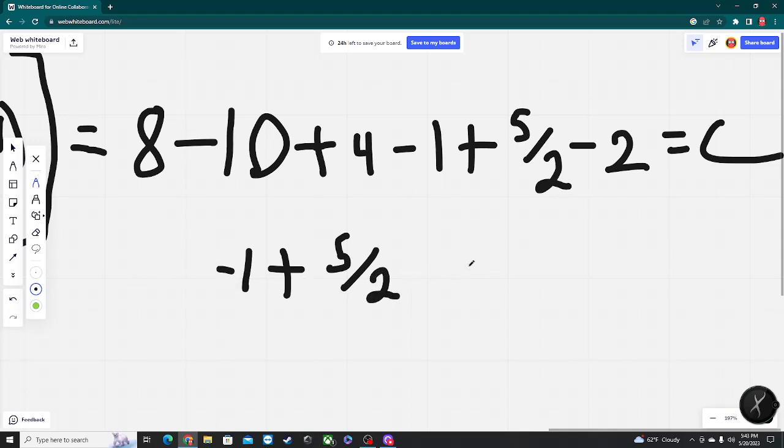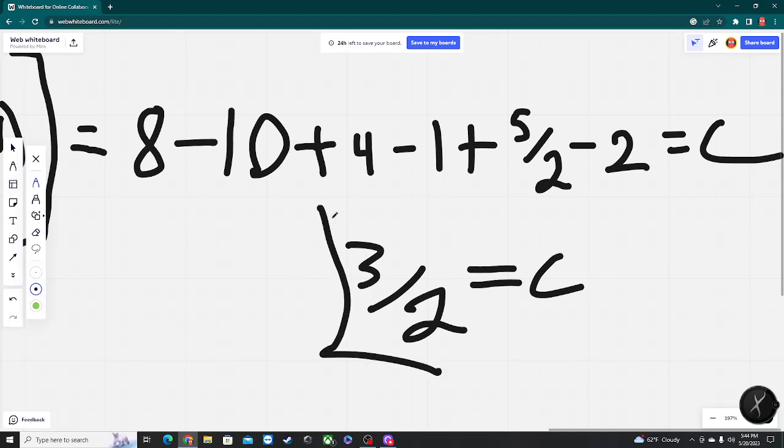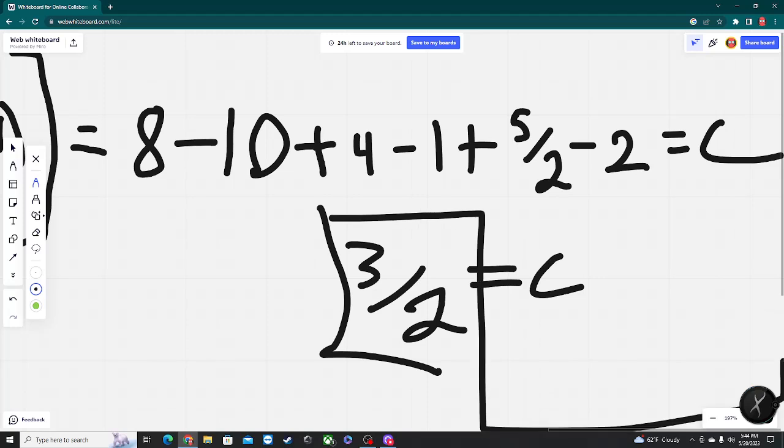That's really just minus 2 over 2. And minus 2 over 2 plus 5 over 2, we're going to get positive 3 over 2. And that is our answer. So just like a really big order of operations problem, really nothing bad. Yeah, 3 over 2, that's going to be our answer to this problem.